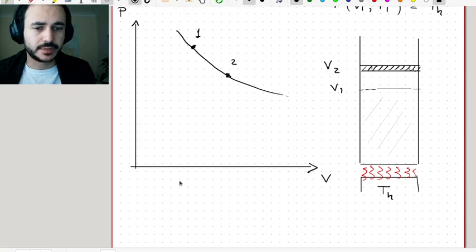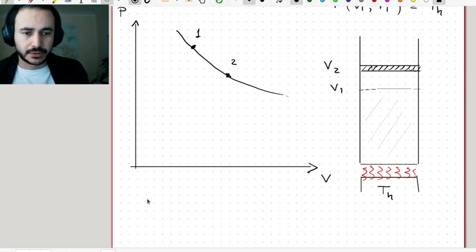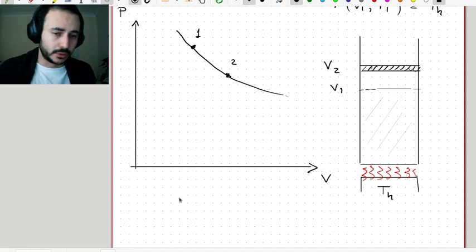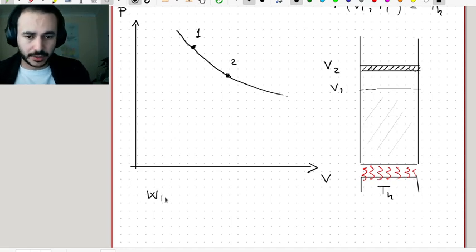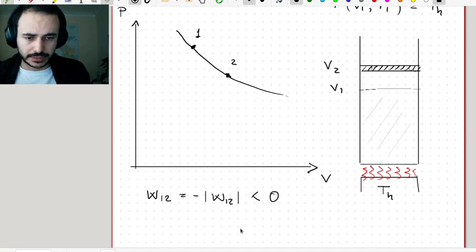So in this process, what has happened in terms of energetics? Well, you are expanding the system. It means you are doing work on the environment, which means that the work in this first reversible stroke, which is an isothermal stroke, is negative. So you can write it like this, W less than 0. And how about the heat in this case?